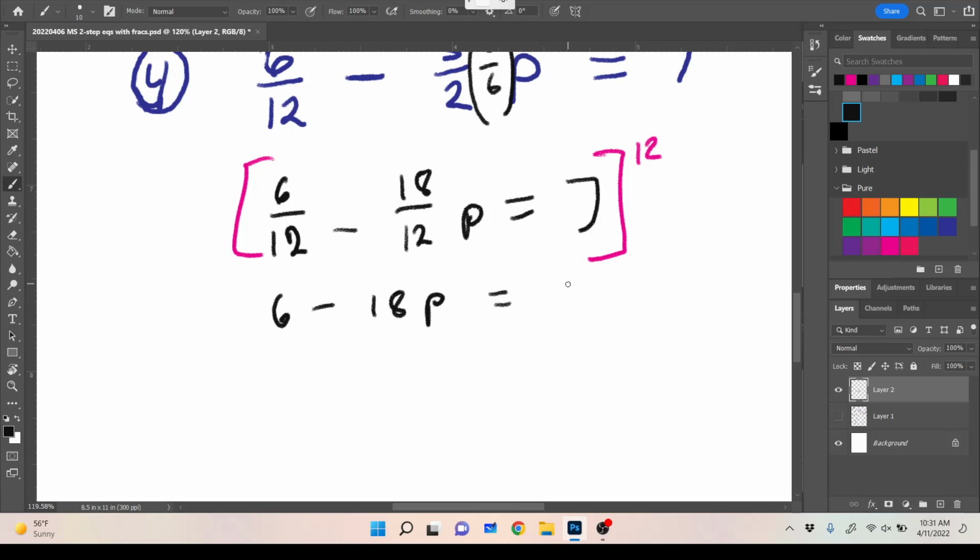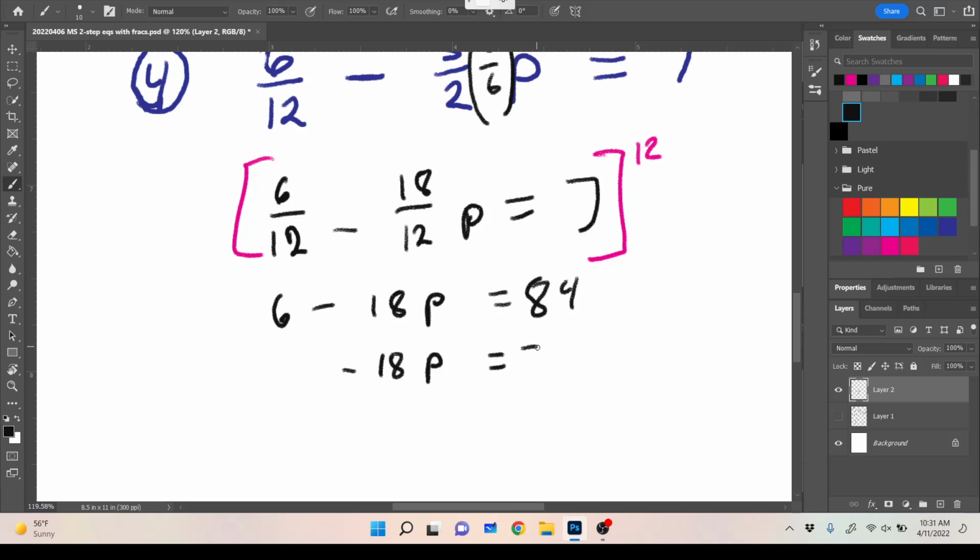So if we're continuing walking down this way, we end up with 6 minus 18p equals, what is that, 84? Is that right? And then we would have subtracted 6 and ended up with negative 18p. I know normally we would write down the intermediate steps, and we'll go back to that, but just looking at the homework. If we need to on these, we will.